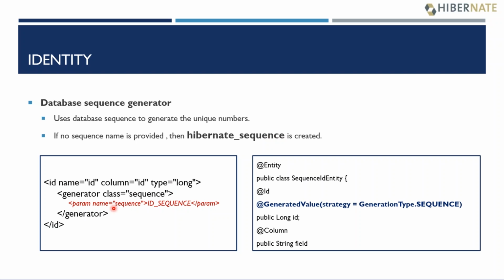Whenever you are providing to the ORM, you have to specify the metadata about the classes. Metadata about the classes is either done with the help of HBM, Hibernate mapping file, or you can do it in terms of annotations.